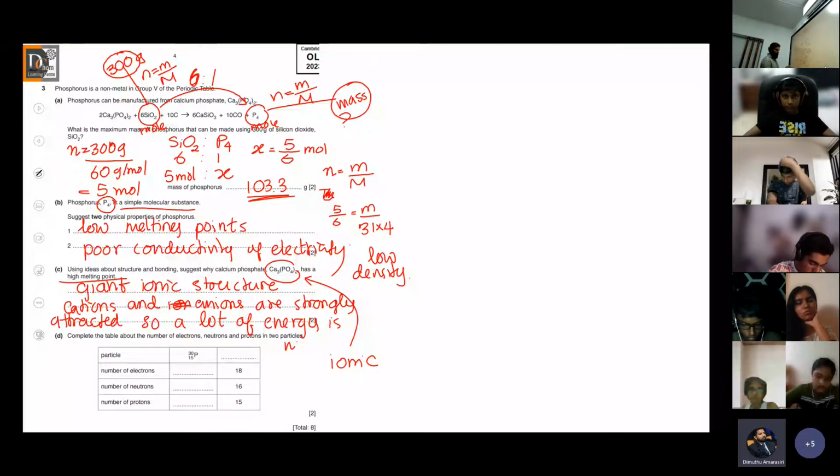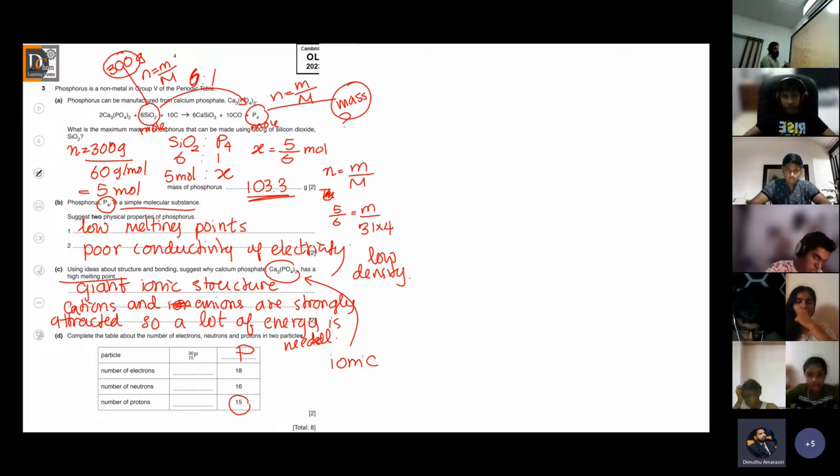And the other particle, okay. The number of protons is 15. That means it's still phosphorus, because protons decide the identity of the particle. The proton number tells you the identity of the particle, so it's unique.